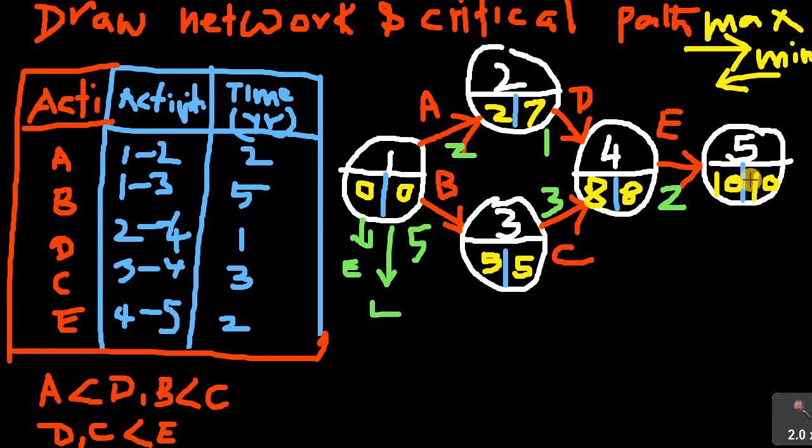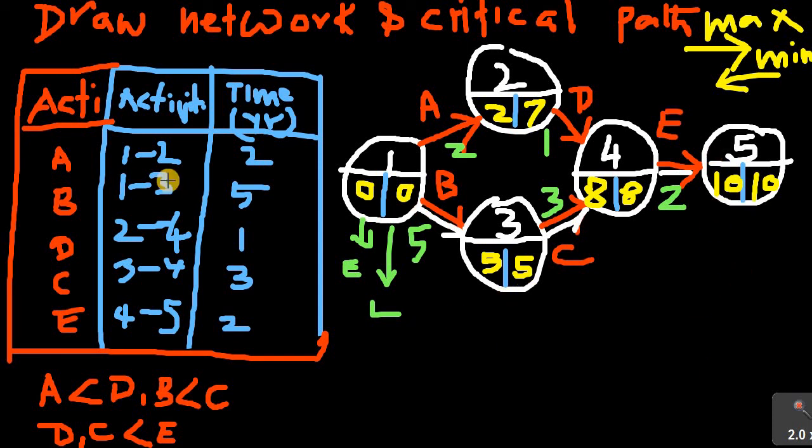Through these we are drawing a path. Okay, now look at that double line path. This path is called a critical path. Remember, a critical path is one which passes through the events where the earliest time and latest time are equal. That path is called a critical path.